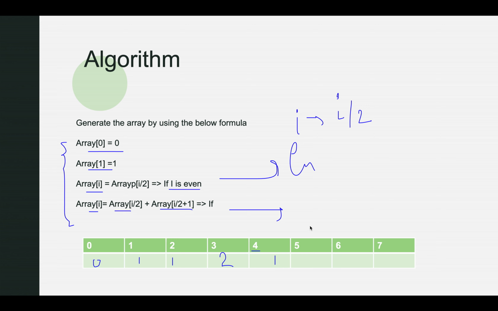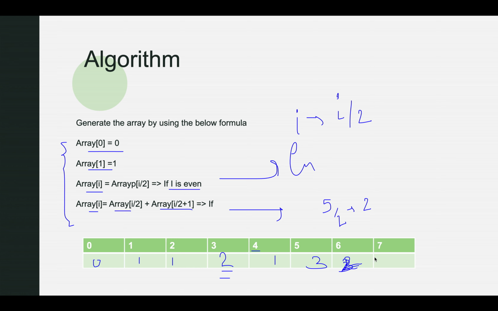Array of 5 is odd. 5 by 2 is 2. Array of 2 is 1 plus array of 3, that means 1 plus 2 is 3. We get 3. Array of 6 being even, the value held will be equal to that of index 3, since 6 by 2 is 3, so the value here is 2.